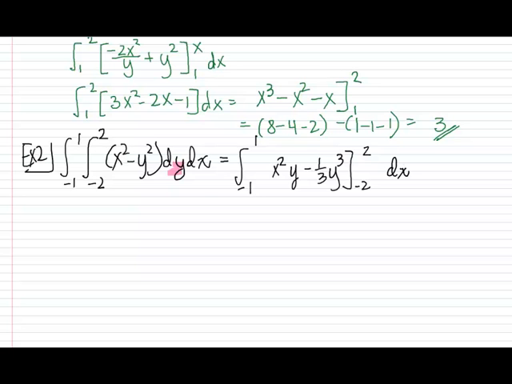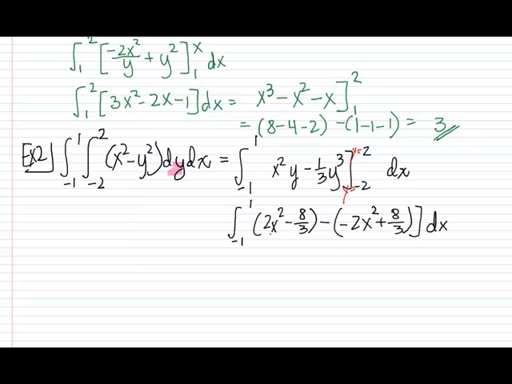Now again, my suggestion for you while you're still learning this stuff is to make sure you are clear here, and let's write out y equals negative 2 to y equals positive 2, because a real common mistake is to plug those numbers in for the wrong thing. So here we'll have 2x squared minus 8 over 3 minus, and now we've got to plug in the negative 2, so we have negative 2x squared plus 8 over 3 dx.